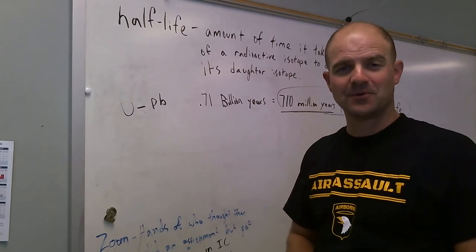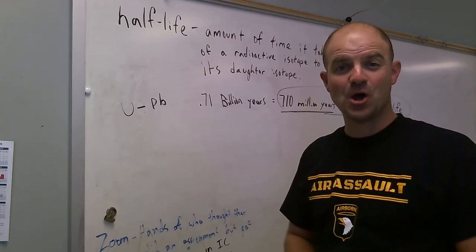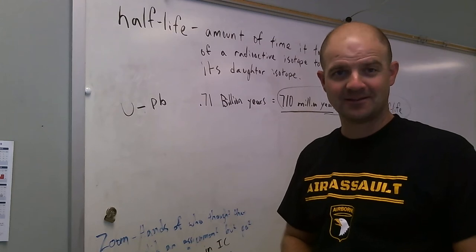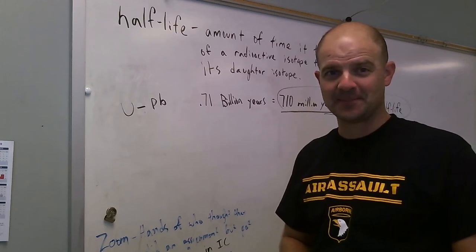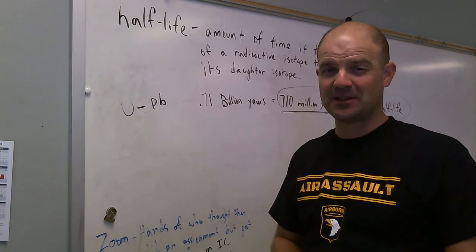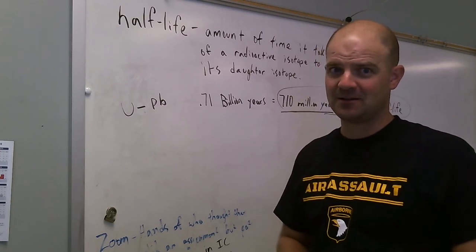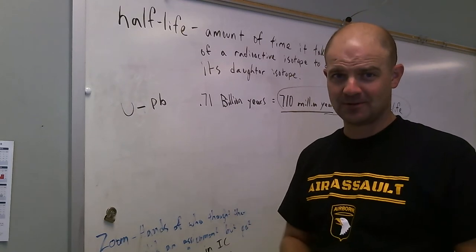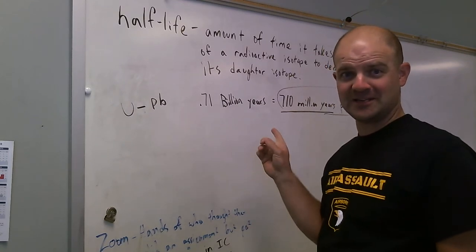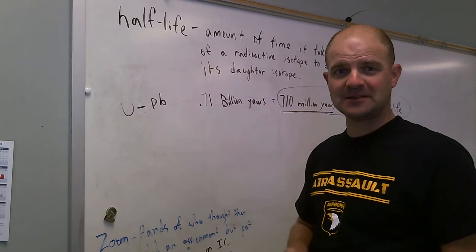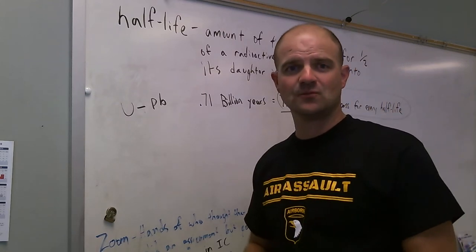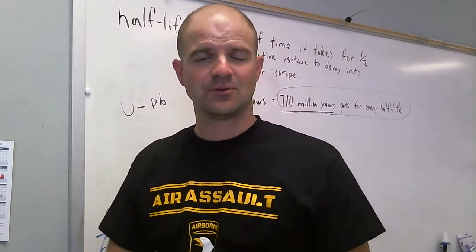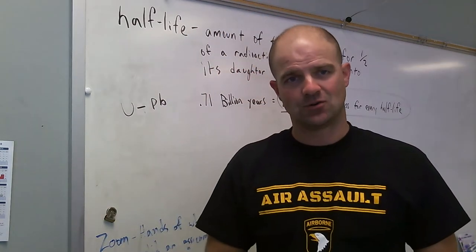Well, if we find something that we know had a whole bunch of uranium in it, and now it has just a little bit of that uranium left, but there's a whole bunch of lead, and we know that the lead wasn't there when it was formed, well, we know there's been some decay happening, right? Okay, so a perfect example, it was actually in the movie you guys watched, the documentary, How the Earth Was Made, is zircon crystals.